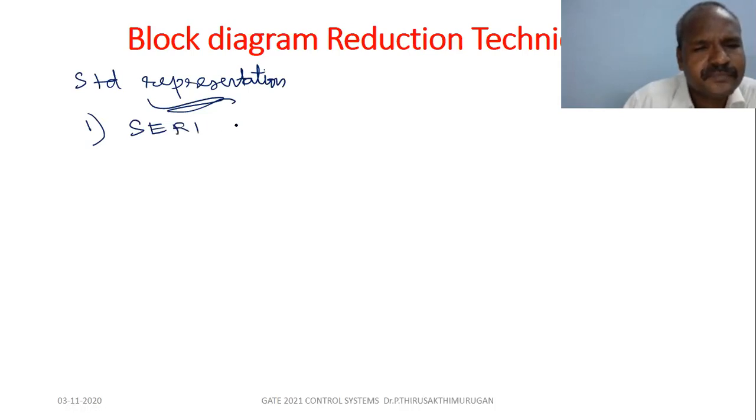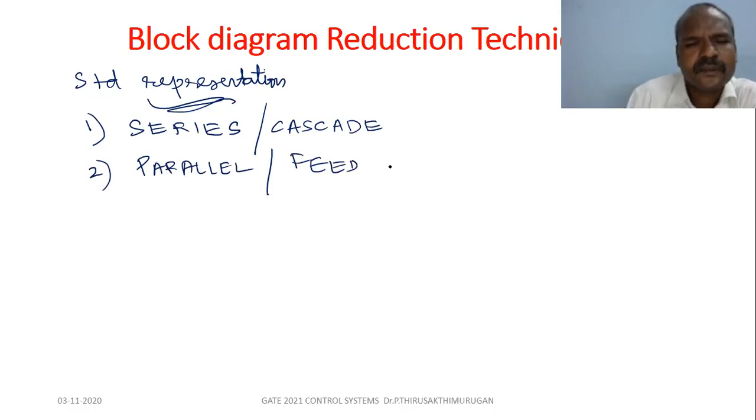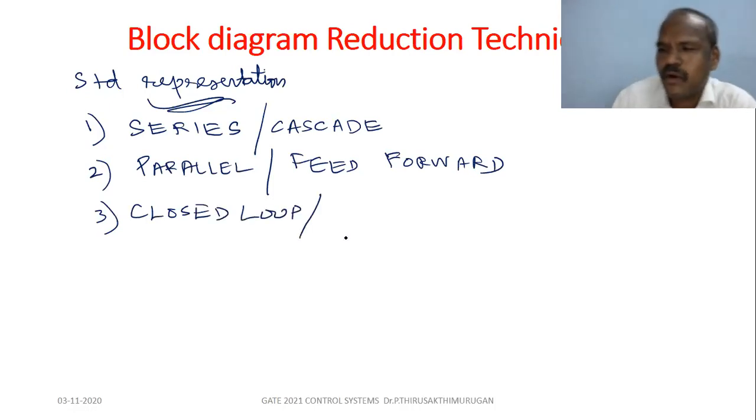Series, or it is called cascade blocks. The second one is parallel, or feed forward. Then the third one is closed loop, or canonical form, feedback or canonical.